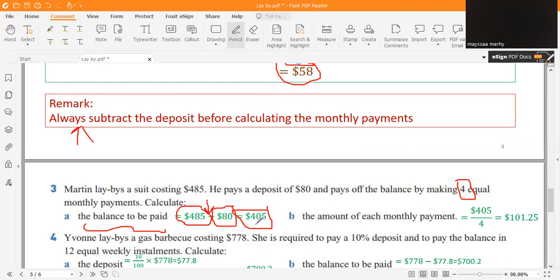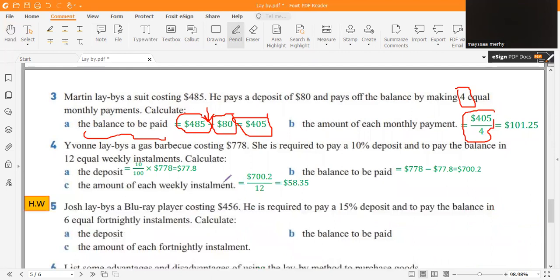Okay, so this $405 should be divided into 4 equal monthly installments, so divided by 4 to obtain $101.25 as a monthly payment.